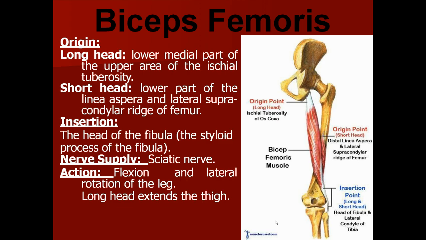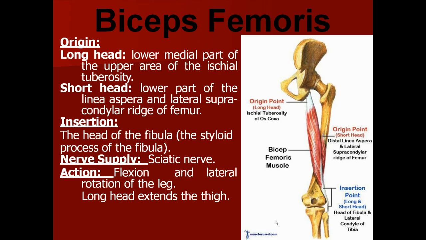Now first we will discuss biceps femoris. Every muscle has an origin and insertion, and like that biceps also has an origin, and it takes the origin from two heads. One is the long and the other is the short head. The long head takes the origin from the lower medial part of the upper area of the ischial tuberosity, and the short head takes the origin from the lower part of the linea aspera and the lateral supracondylar ridge of the femur.